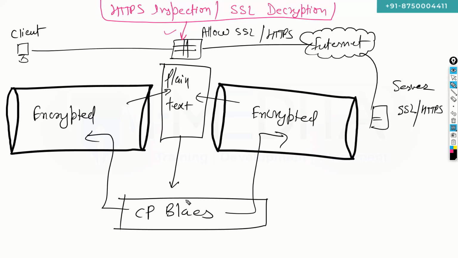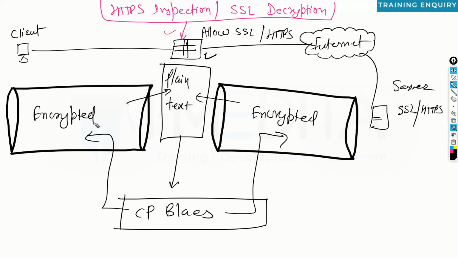But if you want the traffic to be filtered with a blade, our firewall should be capable of seeing which kind of content is going under the SSL tunnel, and to do so we need to enable HTTPS inspection here.